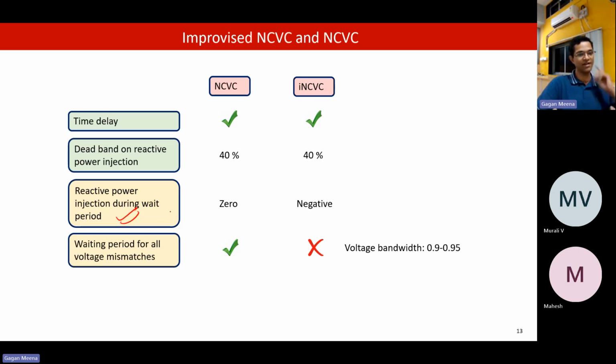When waiting, there is no reactive power injection here, but here there is a negative reactive power injection, that means it is absorbing reactive power. And then the waiting period for all the voltage mismatches is not the same for all; it depends upon the voltage. So this bandwidth is considered. There is no time delay for voltages above this.